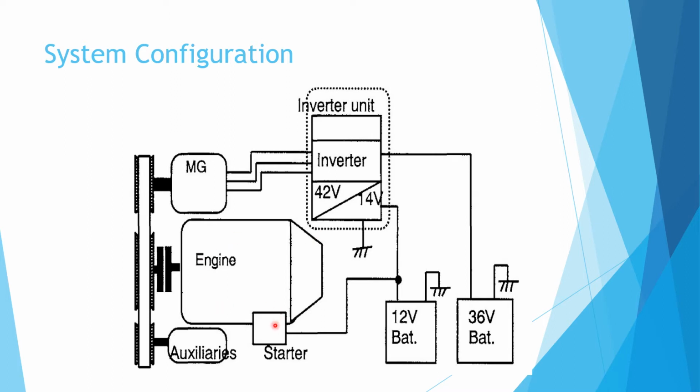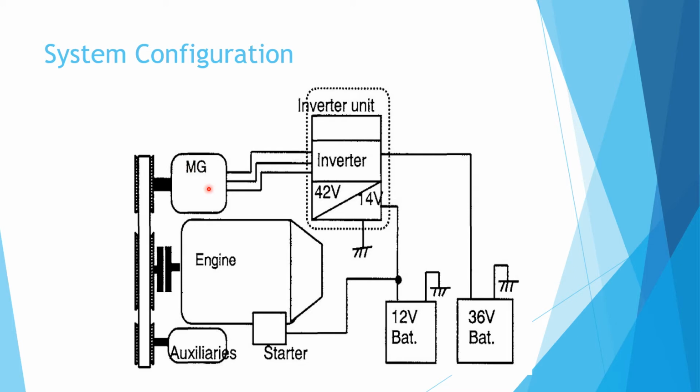This motor is connected with the starter motor, and the starter gets power from the 12 volt battery, connected with the 14 volt. And this is the other battery, the 36 volt battery. These two batteries are connected with the inverter unit, and the inverter unit is connected with the MG.